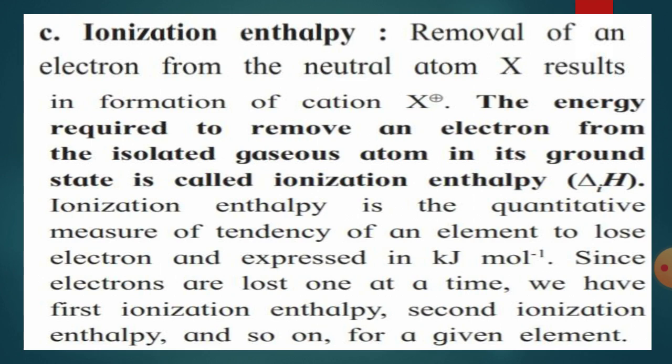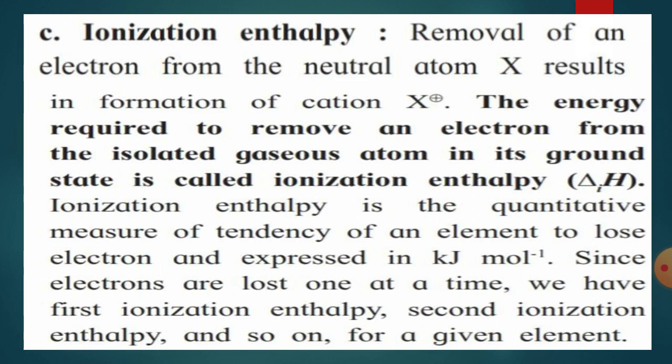Any atom, when it loses an electron, will be converted into a cation and a positive charge will develop on it. So, the energy required to remove an electron from an isolated gaseous atom in its ground state is called ionization enthalpy.